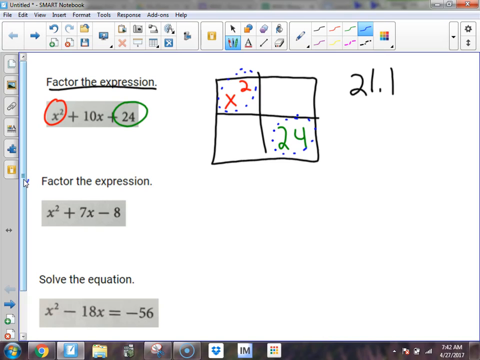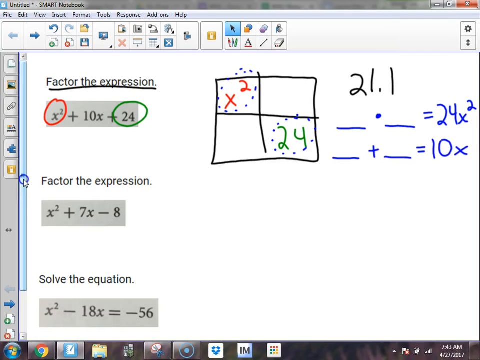I want you to write down a blank, a multiplication symbol, another blank, put down equals, and then the 24x squared. Then I want you to put another 2 blanks separated by an addition sign, put the equal sign, and I want you to put 10x.